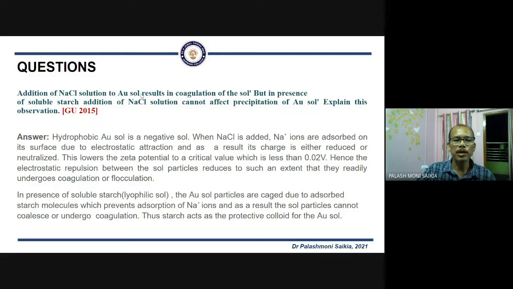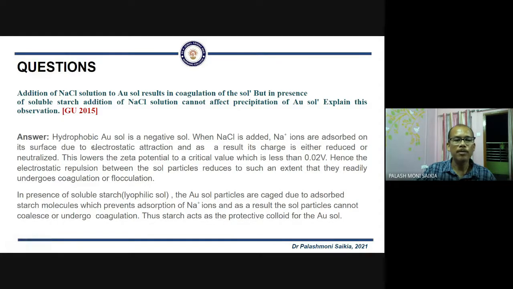All metal sols are negative, and they are hydrophobic, so when we add sodium chloride, sodium ions will be absorbed on the surface, and as a result, due to electrostatic attraction, the charge is either reduced or neutralized.